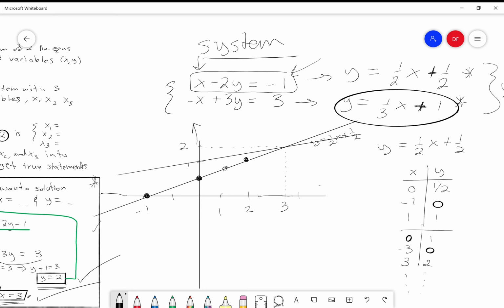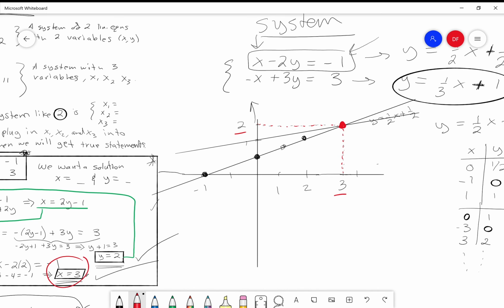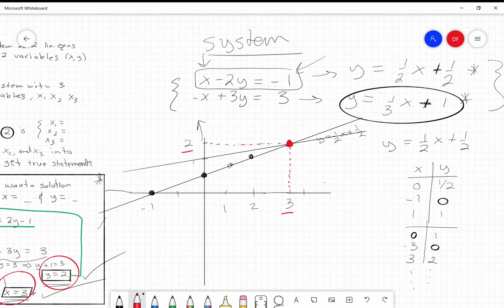So basically, I have these 2 lines, and when I graph them both, I see that the point of intersection is where x equals 3 and y equals 2. If we look here, that's exactly what our solutions were to the system of linear equations.